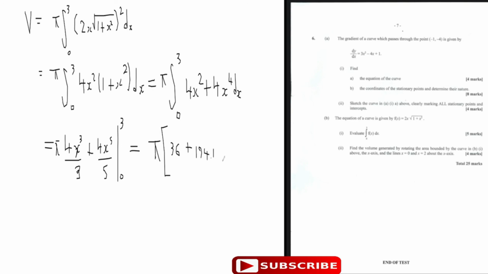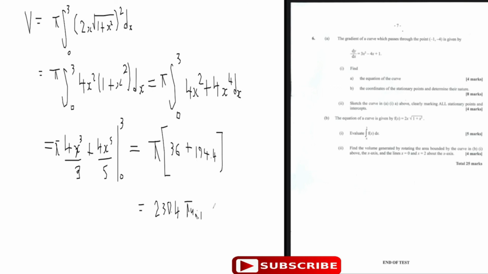And so you add those together and you get the volume. When you finish, the volume is going to be 194.4 plus 36, which is 230.4 pi. And remember, volume is in units cubed.